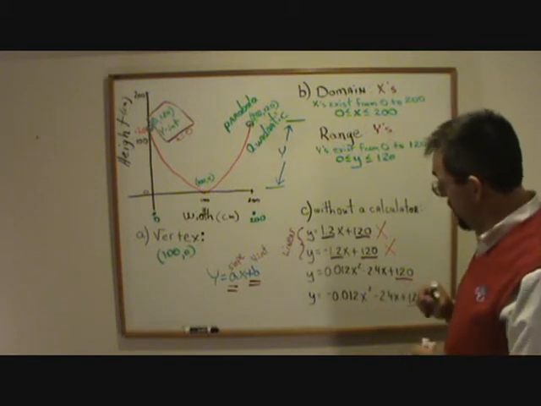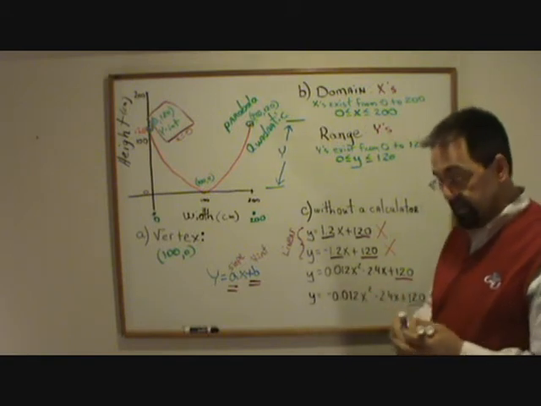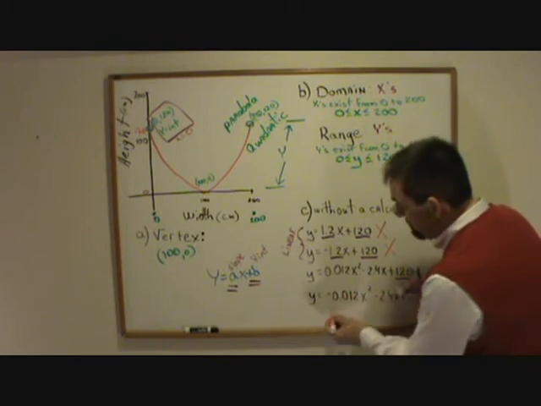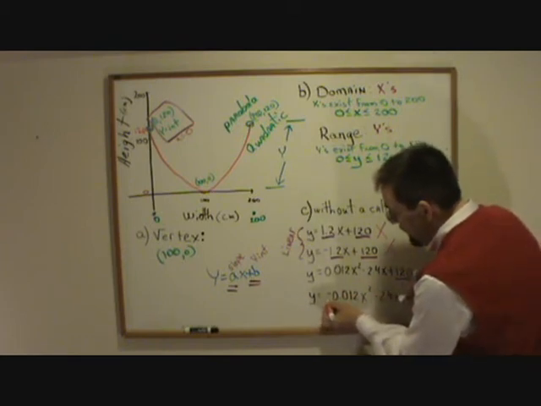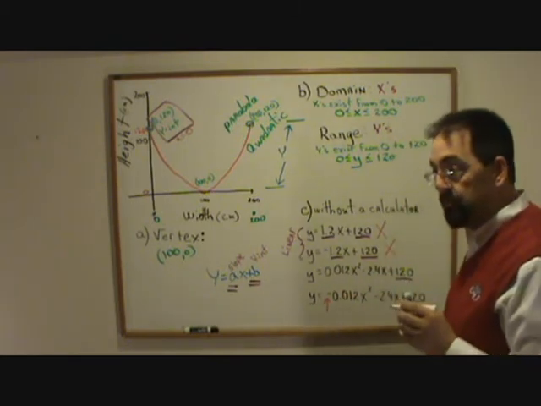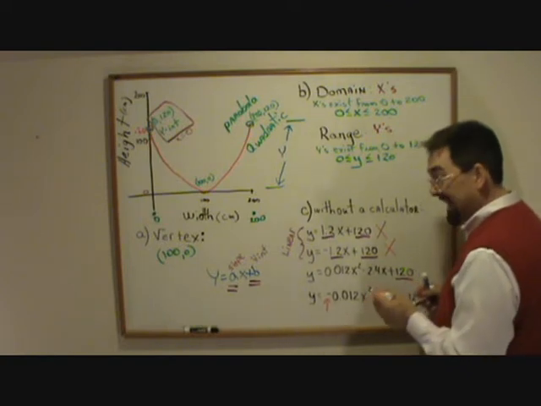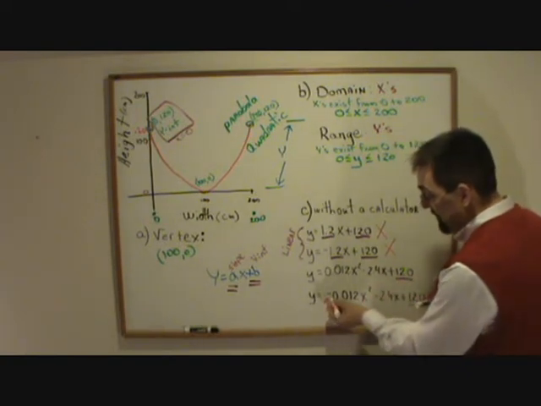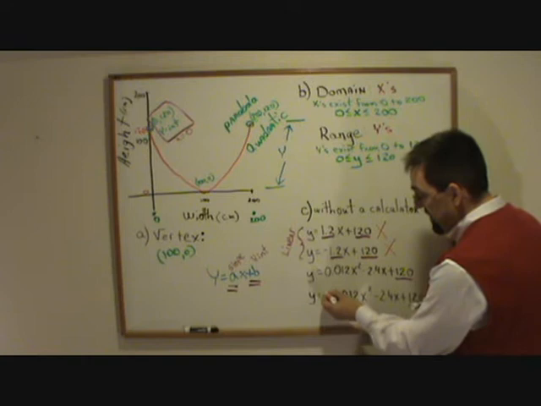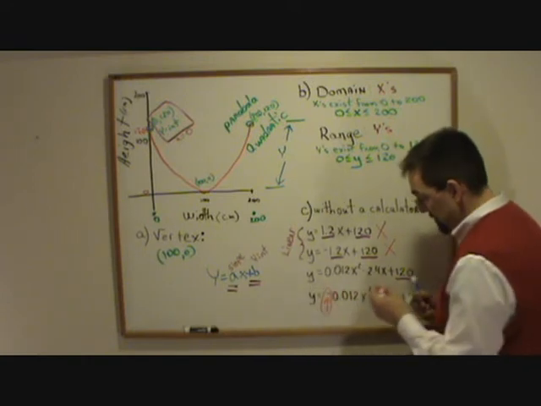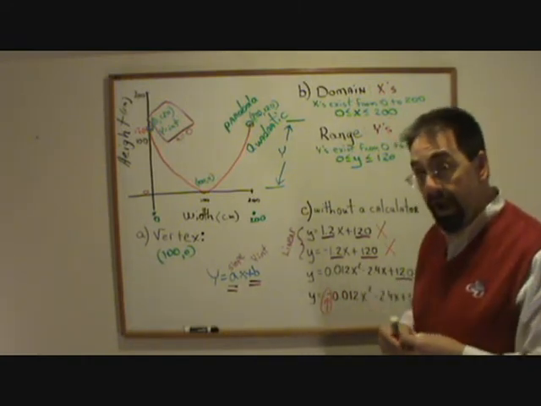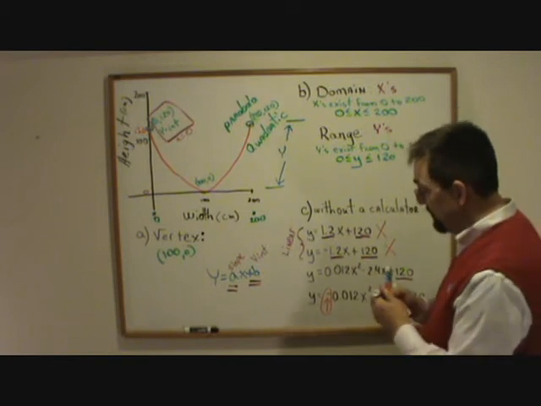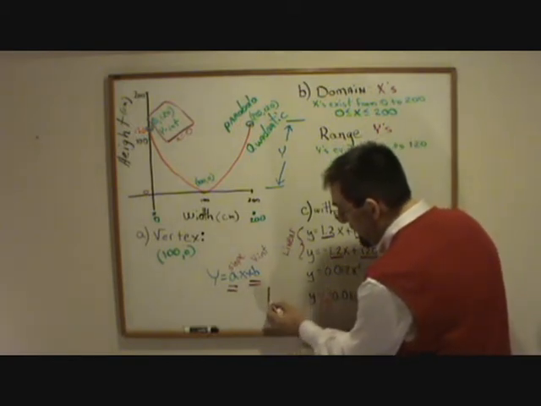We like our 120, so it could be either one of these. Let's try to think back in our family of functions when we were doing those in class last fall. What does the minus do? When there's a minus in front of a quadratic, you've got to try to remember what that did.